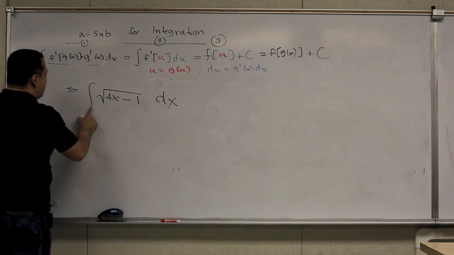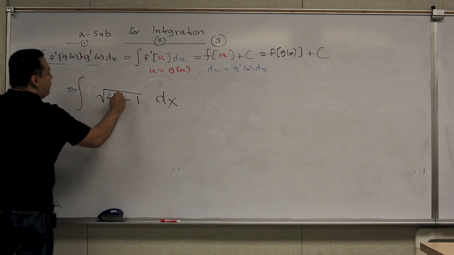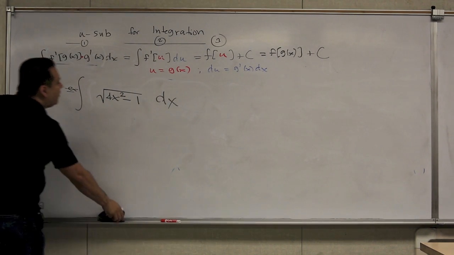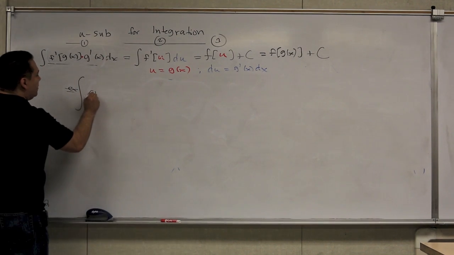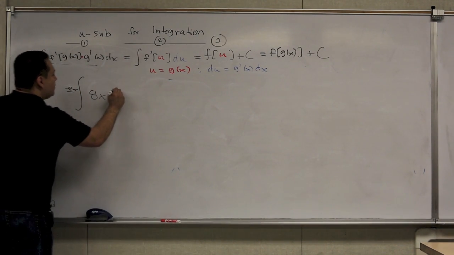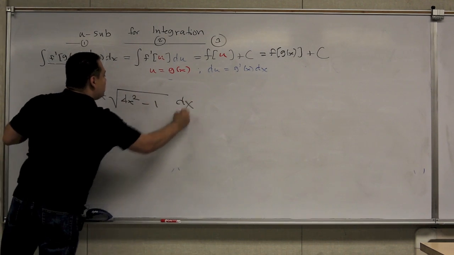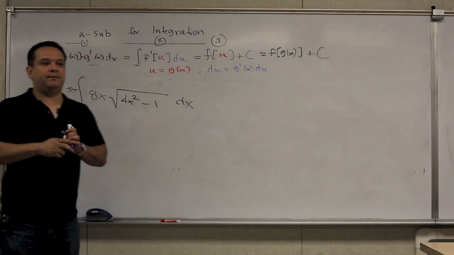And I'm sorry, let's put 4x squared. How's that? Let's make it challenging. 4x squared minus 1. So they're going to put 8x square root of 4x squared minus 1 dx. So I'm going to make it slightly challenging on you guys.